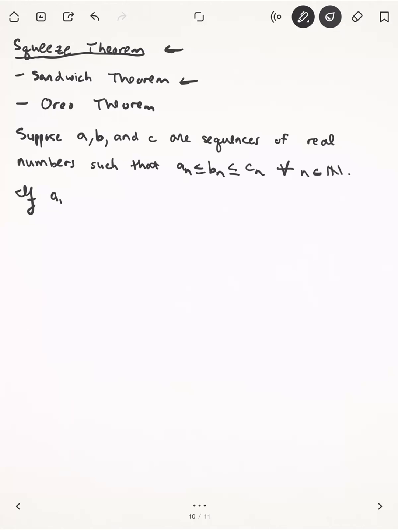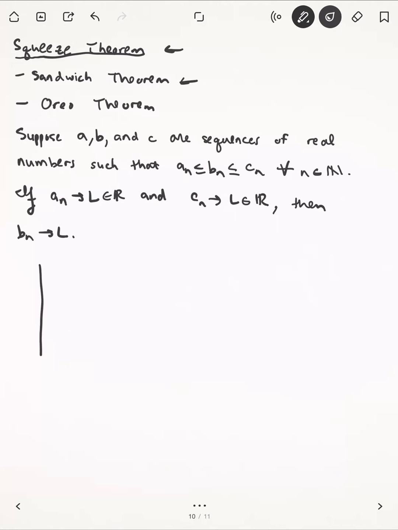If A sub n limits to some real number L, and C sub n limits to the same real number L, then B sub n is going to limit to the same value.